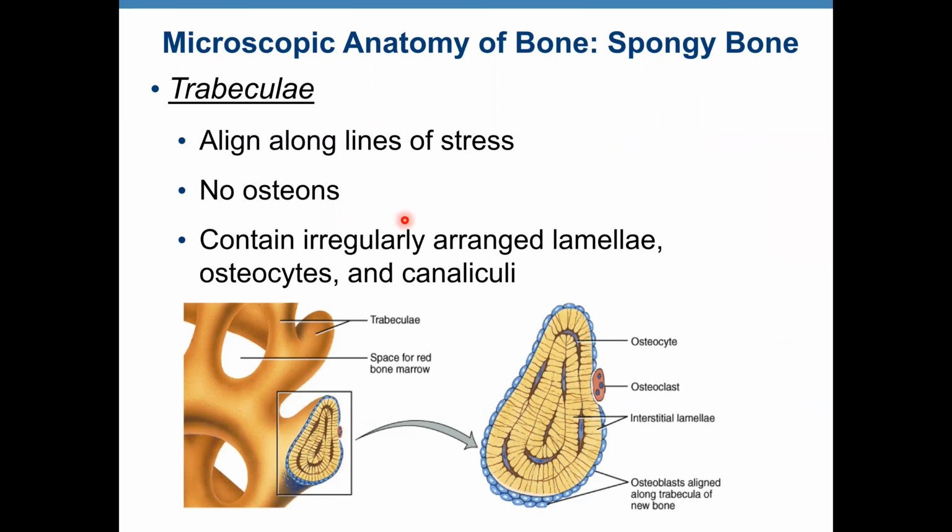But they do have lamellae. But lamellae is irregularly arranged. They do have, of course, canaliculi and lacunae, right? So here's how this lamellae would look like. And here are osteocytes, but you don't see any central canal, right? So that's not osteon.